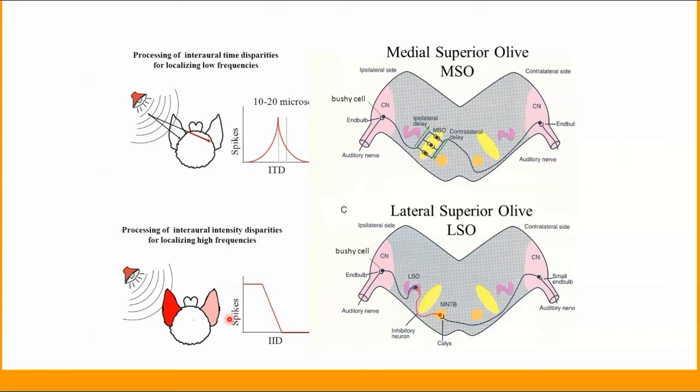Therefore, the lateral superior olivary complex contributes to detecting interaural level or intensity difference.